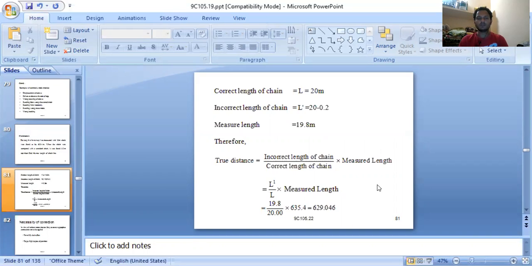L dash means in the problem he is telling that it is 0.2 meters short, which means it is actually 19.8 meters. The correct length of the chain is 20 meters. Measured length is 635.4 meters. If we substitute all these values, we will get true distance 629.046 meters, which is lesser than the measured length.